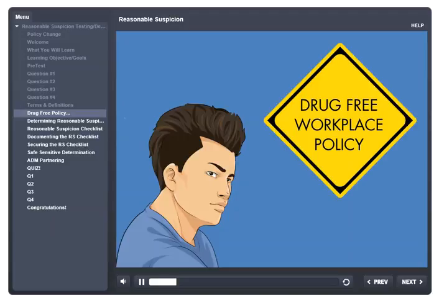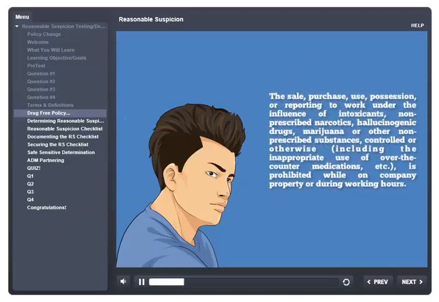Our company's drug-free workplace policy makes it clear to all team members that the sale, purchase, use, possession, or reporting to work under the influence of intoxicants, non-prescribed narcotics, hallucinogenic drugs, marijuana, or other non-prescribed substances, controlled or otherwise, including the inappropriate use of over-the-counter medications, is prohibited while on company property or during work hours.